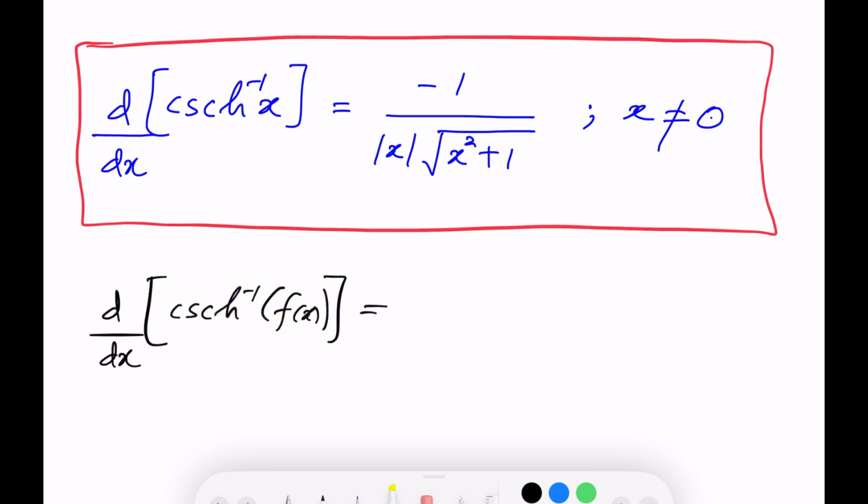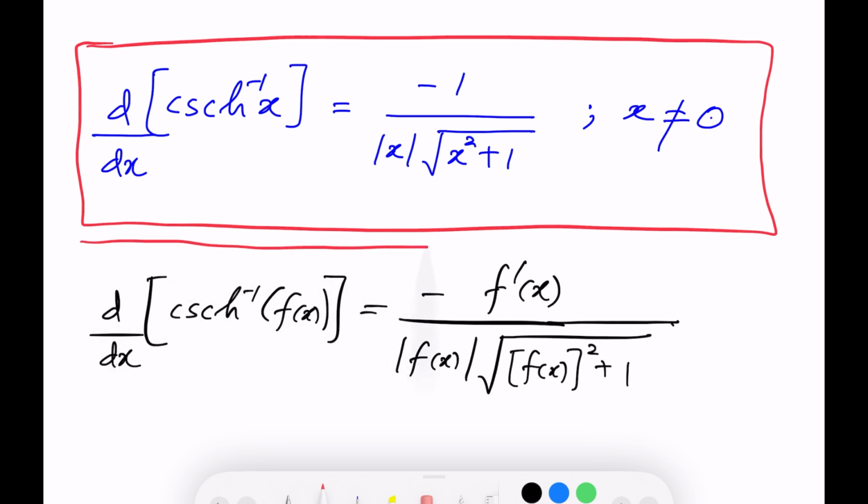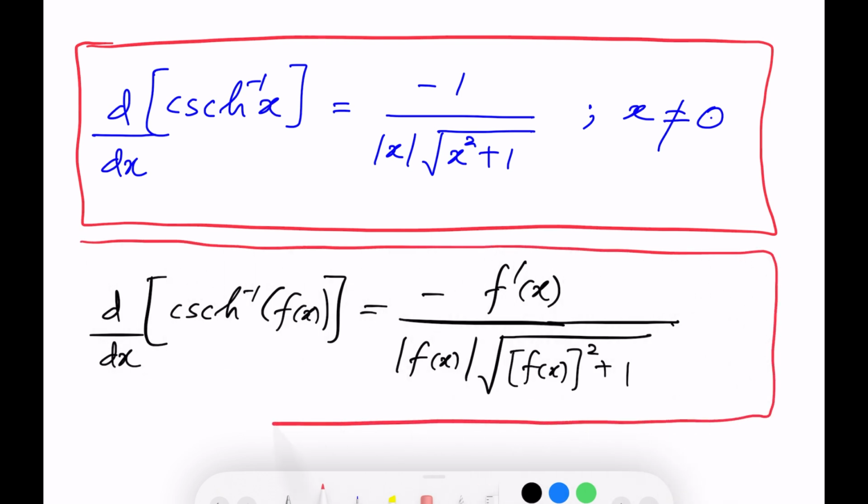Then this is going to be equal to negative 1 over absolute f of x times square root f of x everything squared plus 1, all of that times f prime x. That times f prime x can be written by combining with this negative 1 as negative f prime x on the numerator. So this is your final result for the differentiation of a composite hyperbolic cosecant inverse x function.